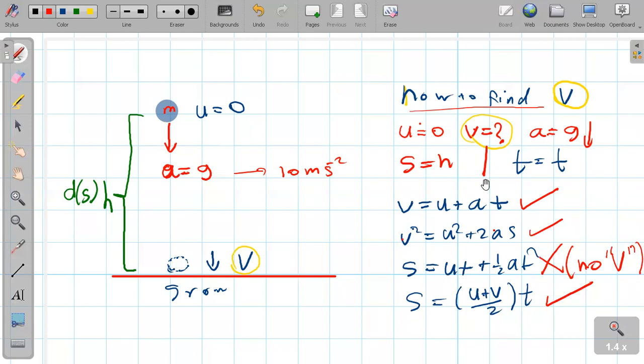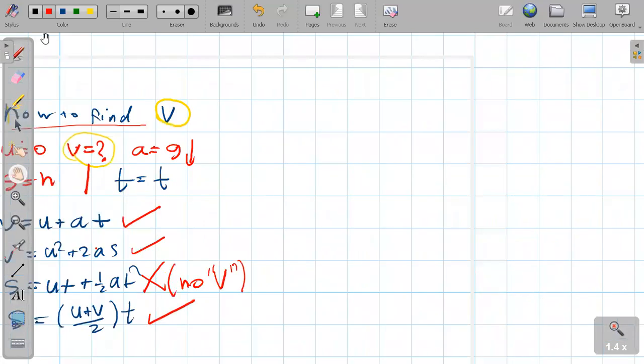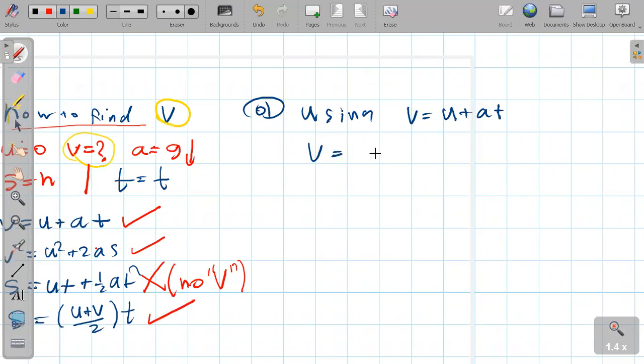Firstly, let me find out using the first equation. Number 1, using V equals U plus AT. Right, how? V equals U is 0, 0 plus GT. So V is GT.